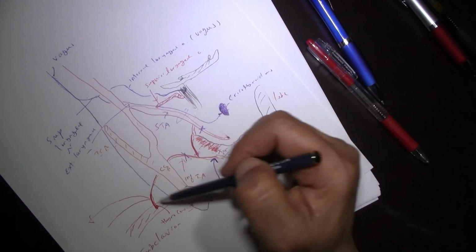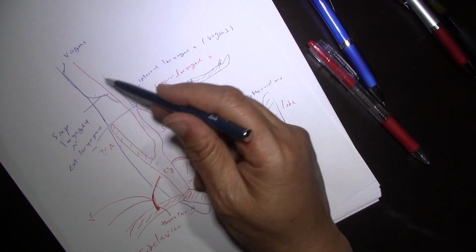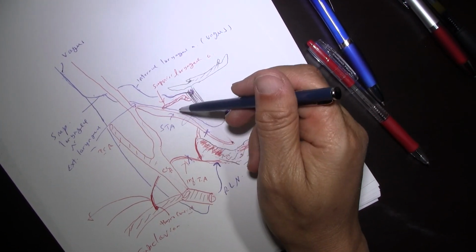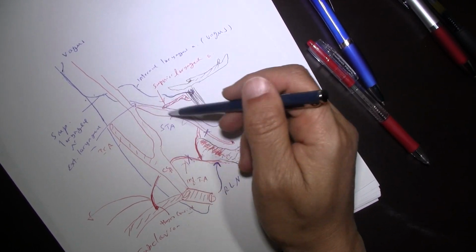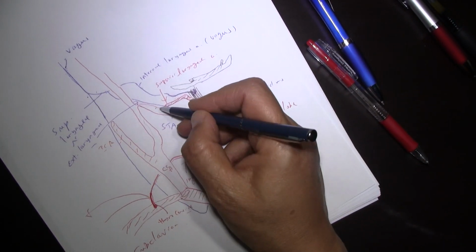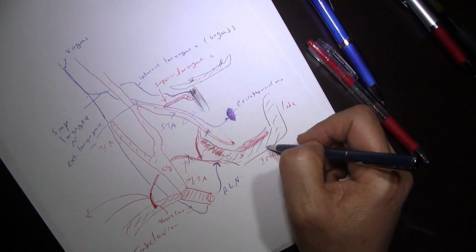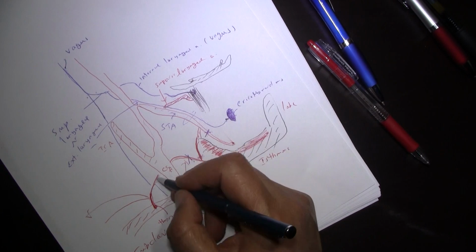I am just trying to show you that important nerves accompany some branches from the external carotid artery, especially those branches from the vagus nerve. So we are done with the superior thyroid artery, which is important to supply the thyroid gland, and it anastomoses with the inferior thyroid artery.